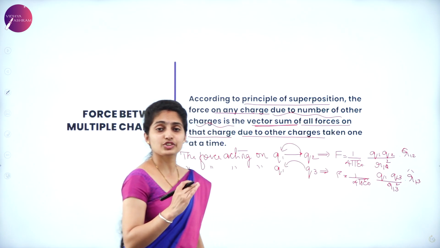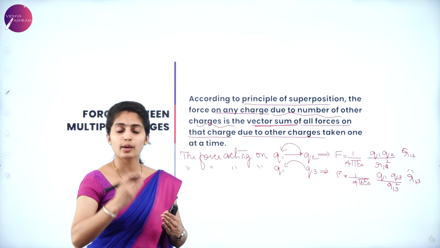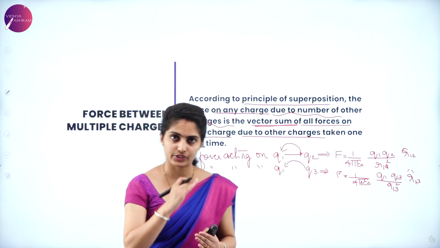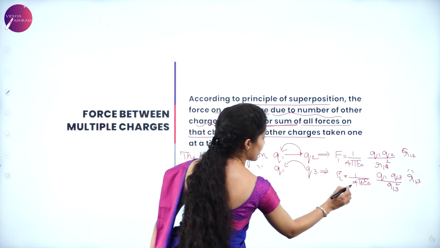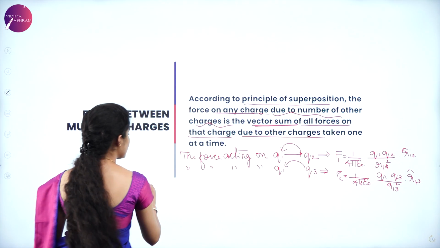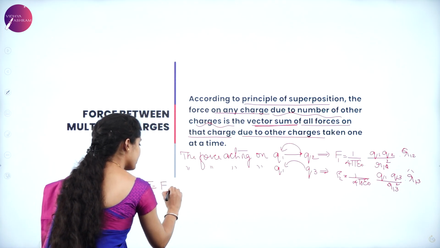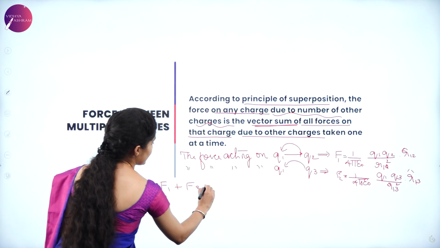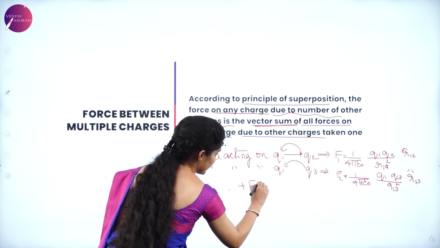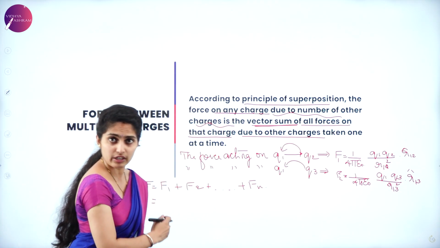This is additive in nature, so it can go till n number of forces. So when you add all this, if this is F1 and this is F2, you can add it as F is equal to F1 plus F2. You add those equations and it goes up till Fn. It can take up to any number of other charges.